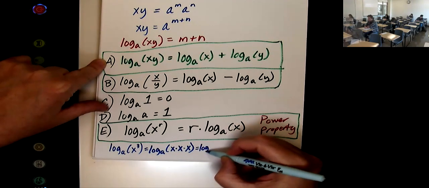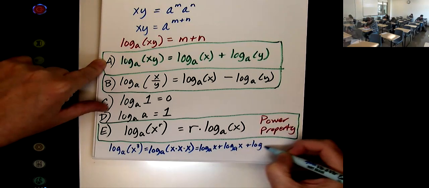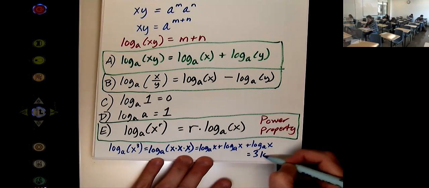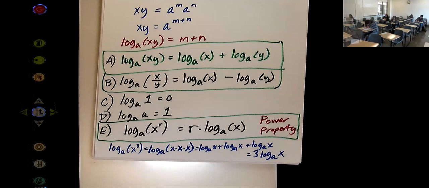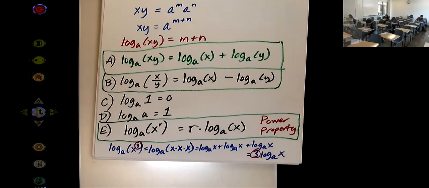This turns into log a of x plus log a of x plus log a of x. And when you add those all up, you have 3 times log a of x. And notice our property, our exponent is now down in front. So it's a fallout of the addition one, the product one.